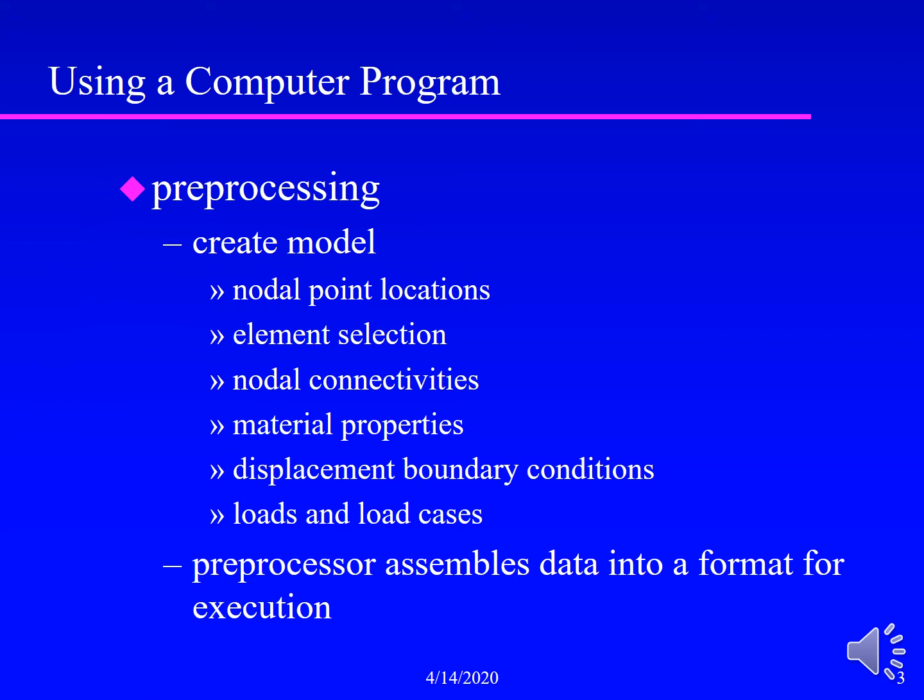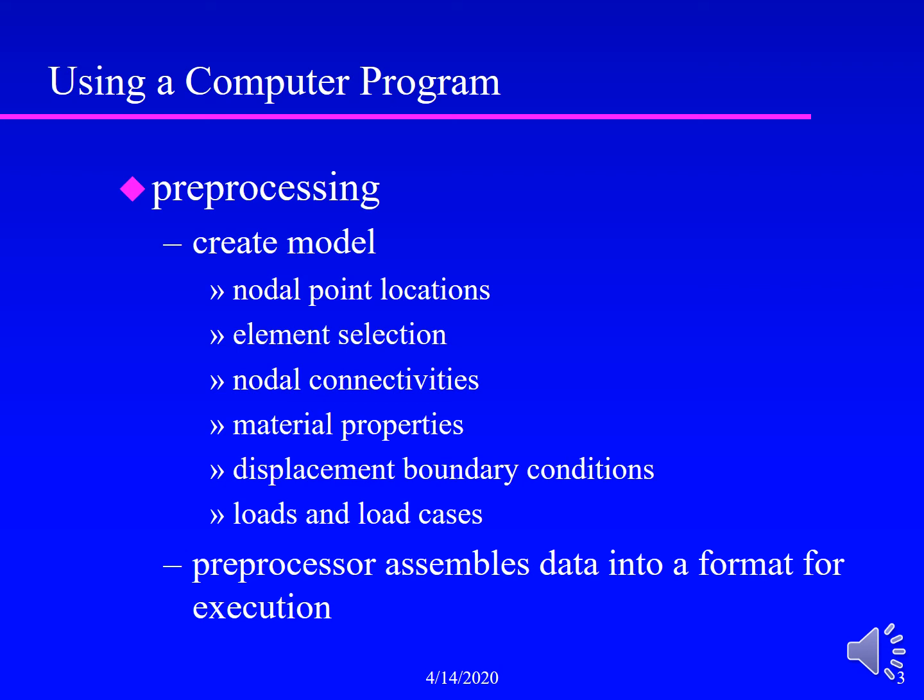Here in the pre-processing, as we have discussed, a model is created which includes nodal point locations and element selections, that is, what type of elements will be taken. There are various kinds of elements. Then nodal connectivities, that is, how the nodes of an element are connected to the nodes of other elements.